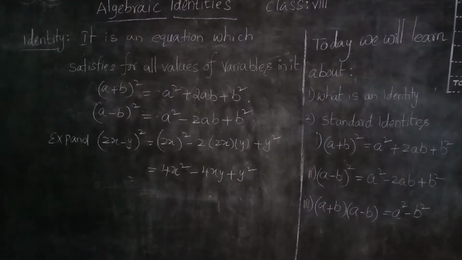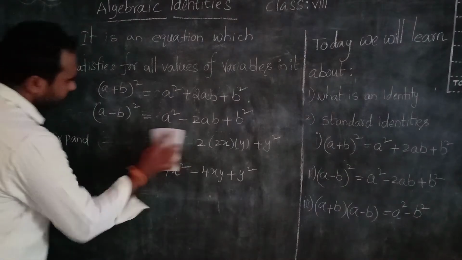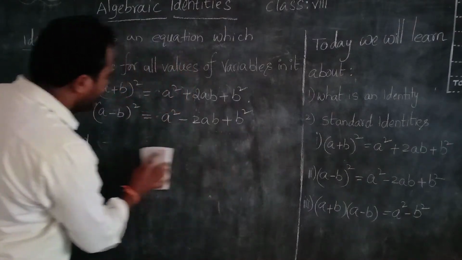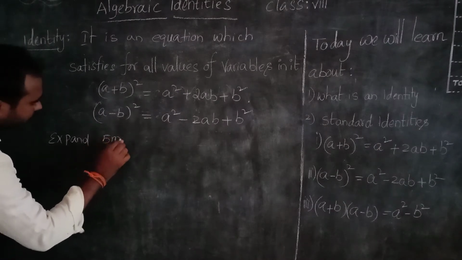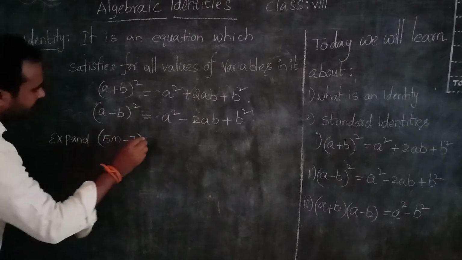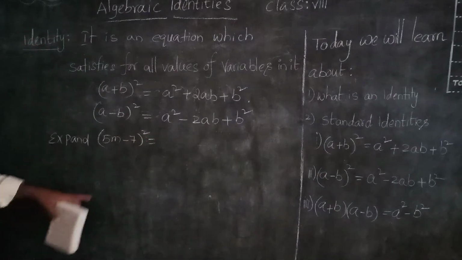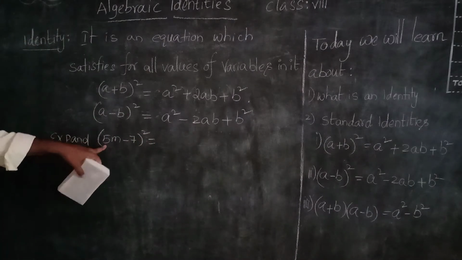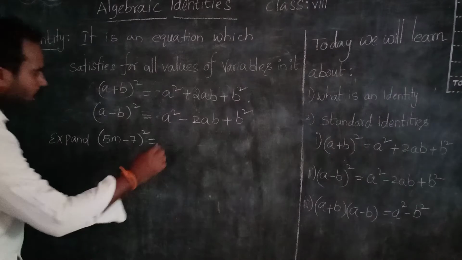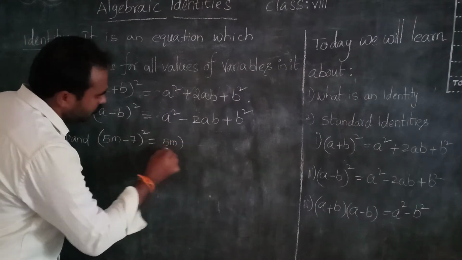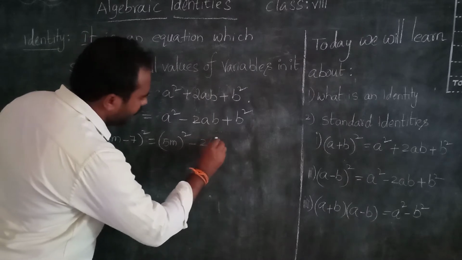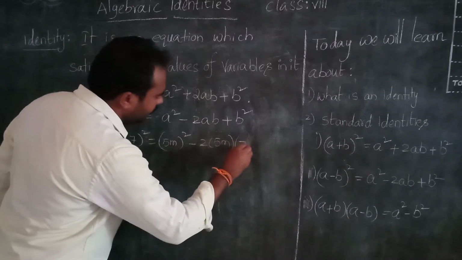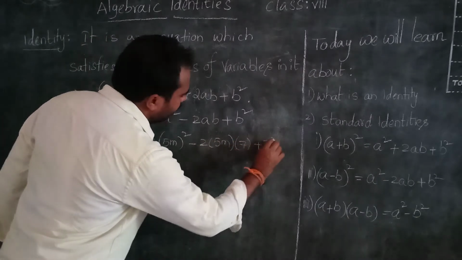We will do one more example sum. Expand (5m minus 7) whole square. Again it is in the form of (a minus b) whole square. So here the a value is 5m, the b value is 7. So (5m) whole square minus 2 into 5m into 7 plus 7 square.